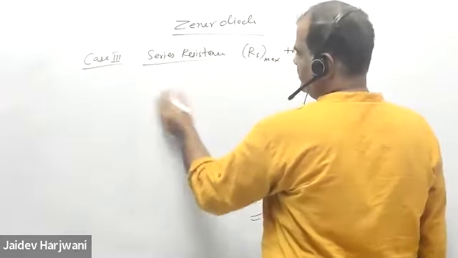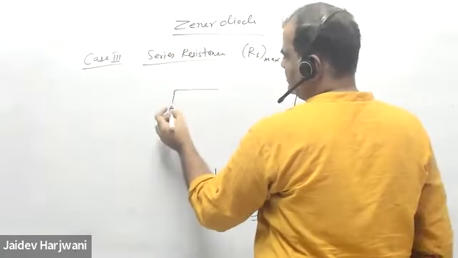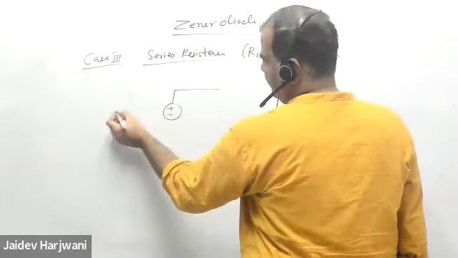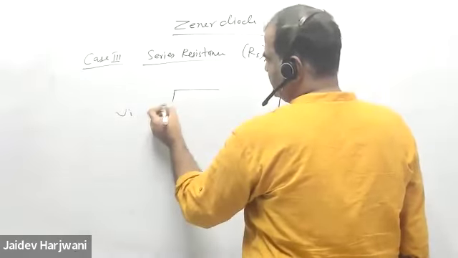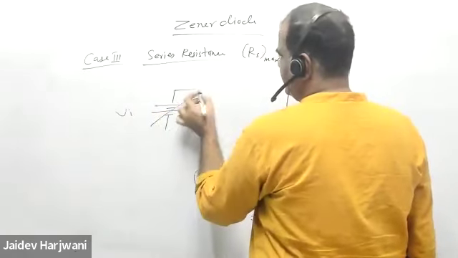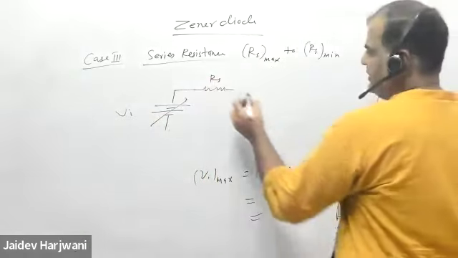You have no, Vi is changing. So now say this is your source, and Vi is variable. Say this is minus. Vi is variable. Here RS value is variable.